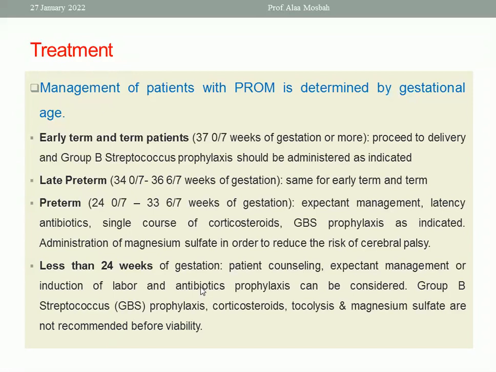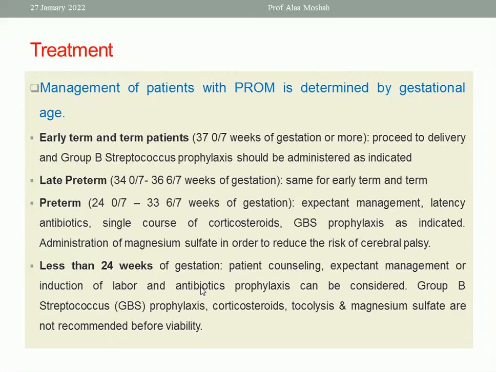And by the way, you should know that it is not allowed to give group B streptococcal prophylaxis or corticosteroid or tocolysis or magnesium sulfate before viability of the baby. And the medical legal viability in different countries varies.